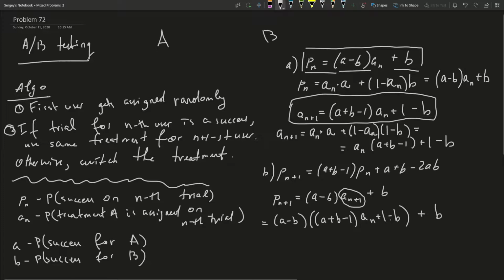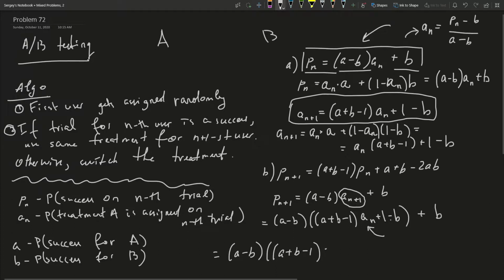And we also can use this expression here to solve it for a sub n and substitute it for a sub n here. So we get, in total, a minus b times a plus b minus 1 multiplied by, now solving this expression for a sub n, we get that a sub n equals p sub n minus b divided by a minus b.